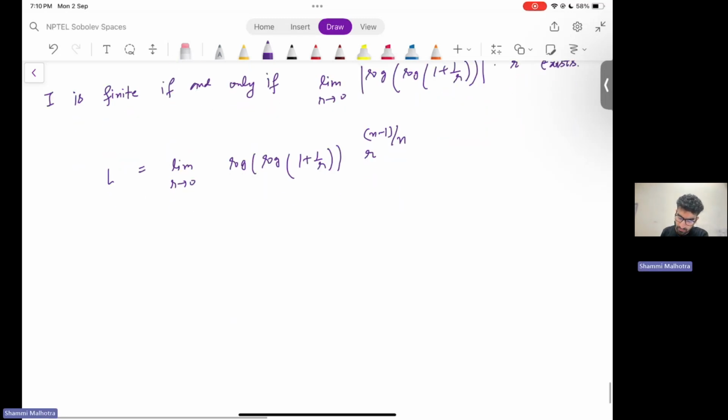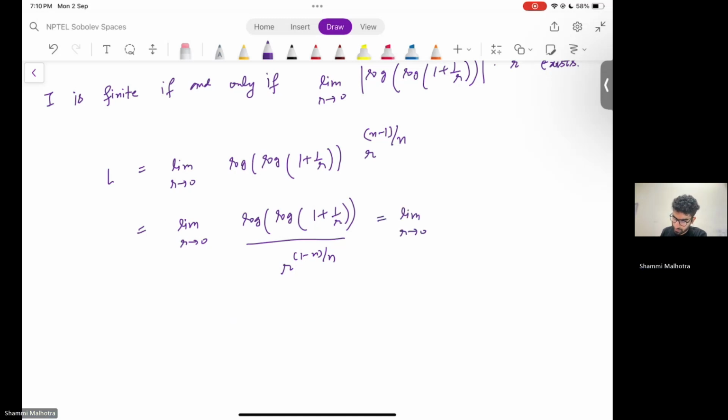And this can be validated by L'Hopital's rule. So this is the limit as r tends to 0 of log of 1 plus 1 upon r, whole, times r to the power of 1 minus n, whole divided by n. So again, we don't really have to worry about the case for this.